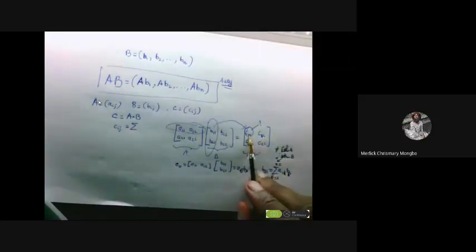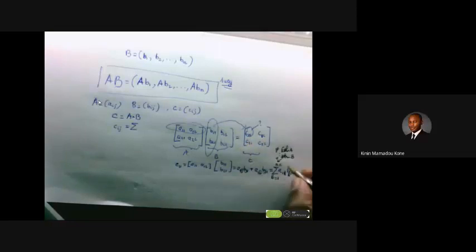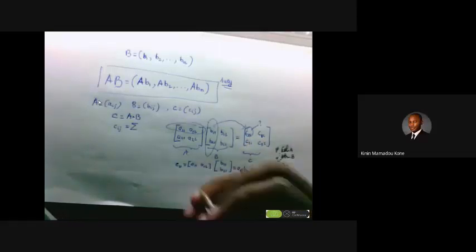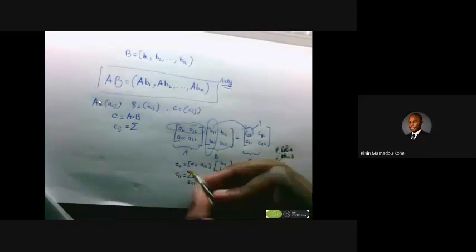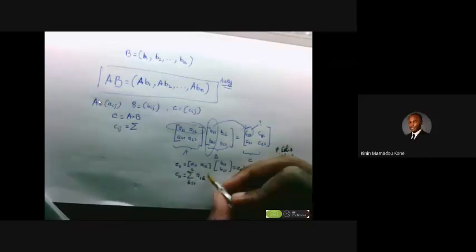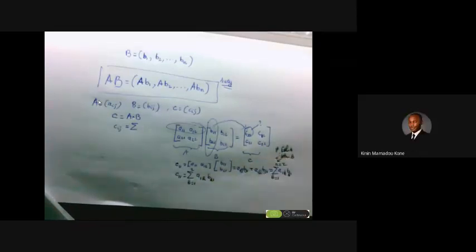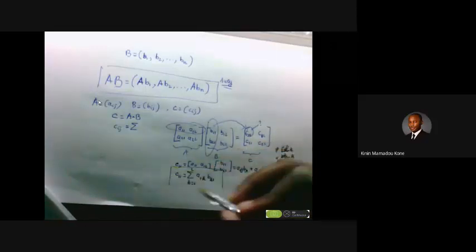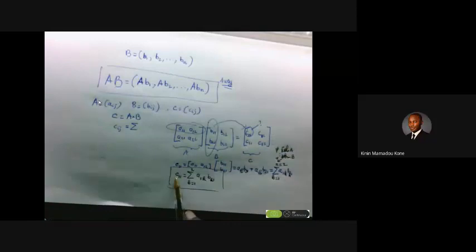We have two columns, so here 2. So in other words, C11 equals the sum of K going from 1 to 2 of A1K times BK1, like this. And yes, that is for the case C11.